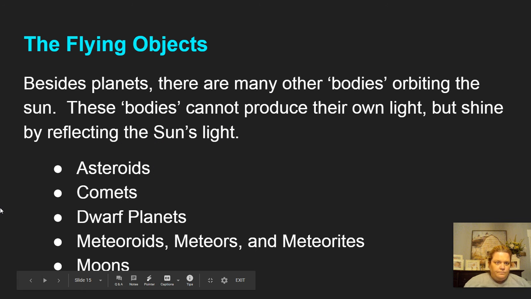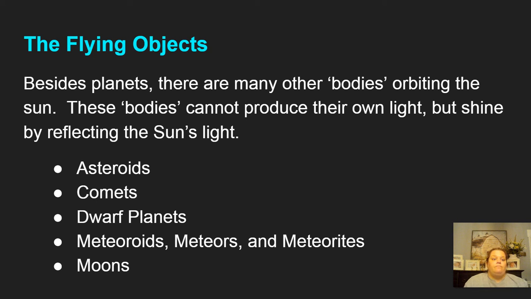Now, we have flying objects in the sky, and like I said, they call them objects. They'll call them bodies, because they don't know what it is at first. So besides planets, there are many other bodies orbiting the sun. These bodies cannot produce their own light, but shine by reflecting the sun's light.